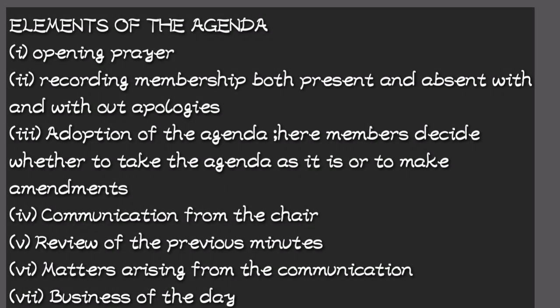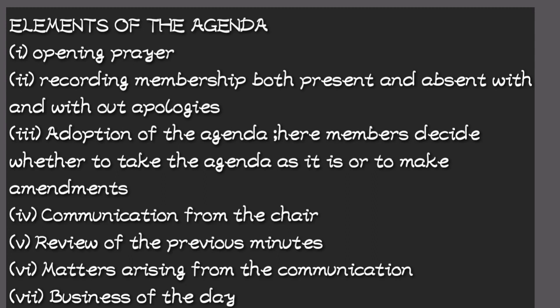Let's look at the elements of the agenda. First is the opening prayer. Then secondly is recording members, both present and absent, with and without apologies. Then there is adoption of the agenda. Here members decide whether to take the agenda as it is or to make amendments or changes.